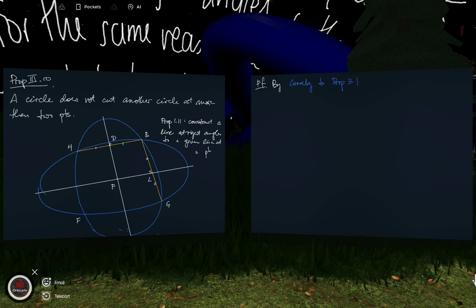But the corollary tells us that the center of the circle is on, in the picture, the line PD. If you look at the line HB, the construction of bisecting a line and constructing the perpendicular was something that we did in 3.1, so it's a center-finding algorithm.